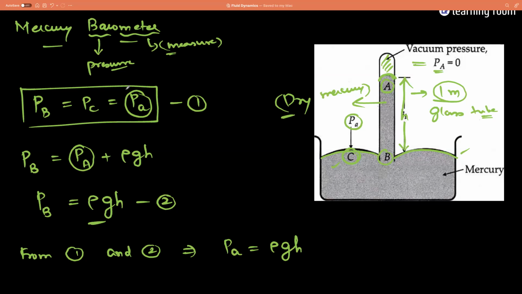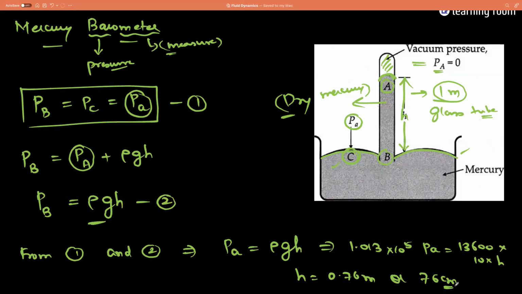And what is the value of atmospheric pressure? Atmospheric pressure is going to be 1.013 into 10 power 5 Pascal, which is equal to the density of mercury, 13600 kilogram per meter cube, into G, which is 10, and height is H. If I take this value and calculate the height, I will get 0.76 meter or 76 centimeter.